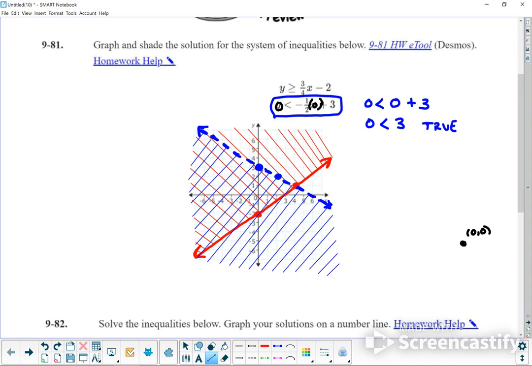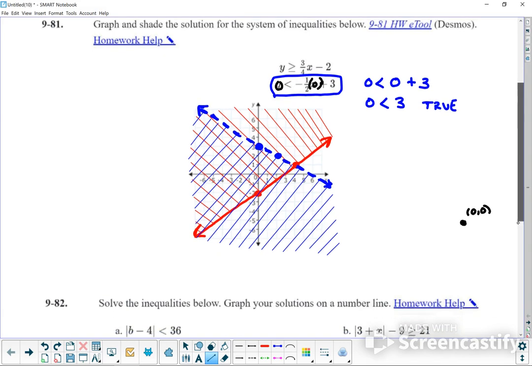So hopefully you can see where the answer is. The answer is anywhere in the red and blue crisscross.